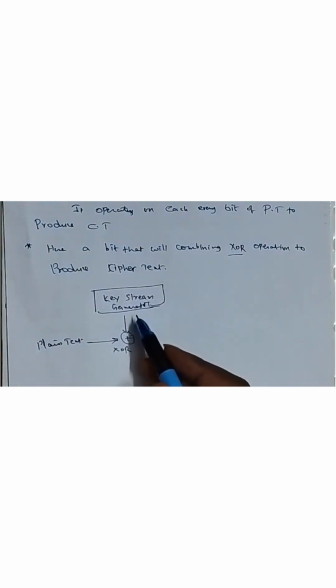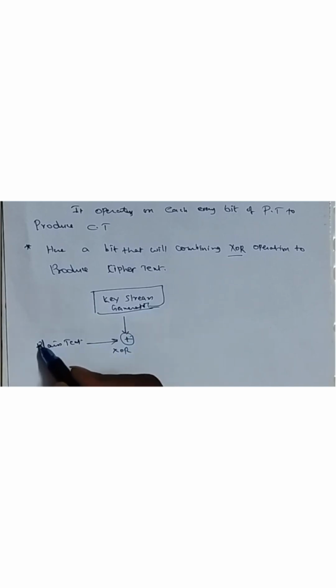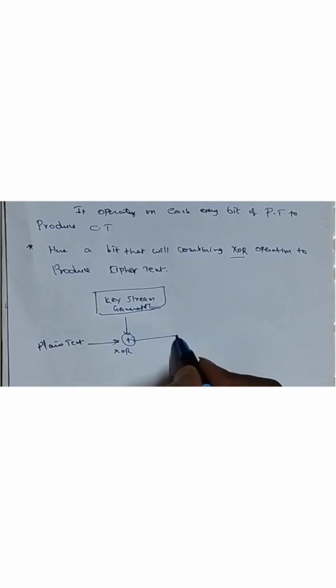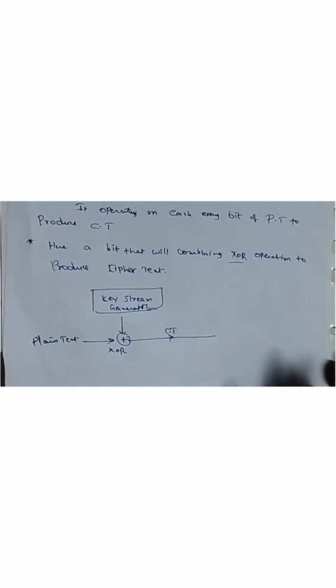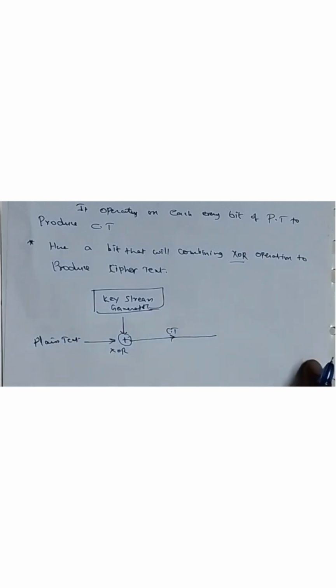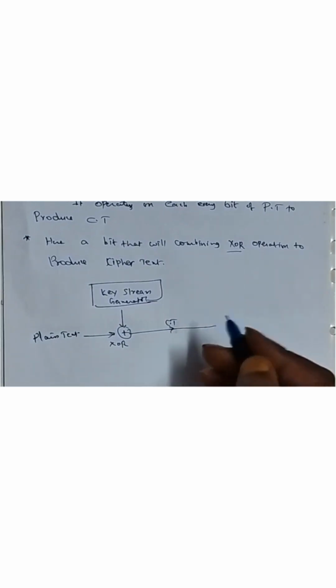With the help of this key and the plain text we perform the XOR operation, and then we get the ciphertext. The same ciphertext will be sent to the right side, the receiver side.